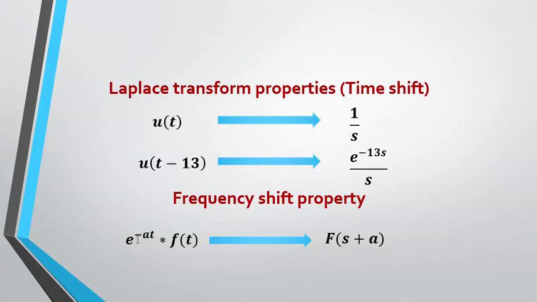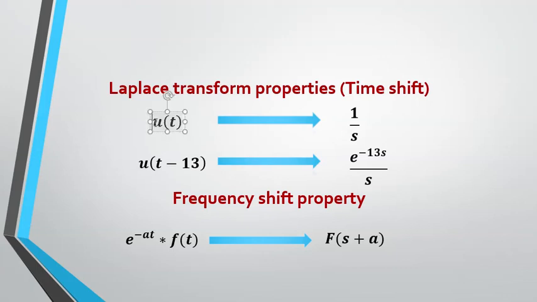If you multiply by an exponential in time domain, in frequency domain it's going to be shifted. For example, if you have e to the power of minus at times u(t), your answer is going to be F of s plus a. The Laplacian of u(t) was 1 over s, so it's going to be 1 over s plus a.